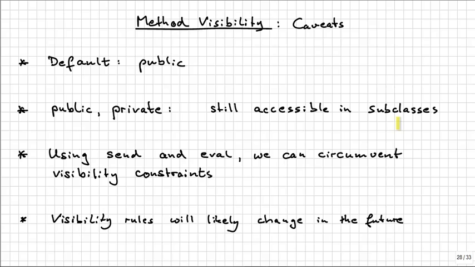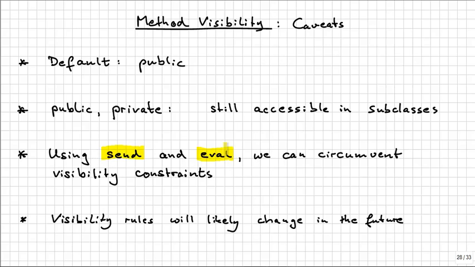If you're using methods such as send and eval in Ruby, you can circumvent all visibility constraints. So even if you have declared methods as private or protected, you can circumvent these visibility constraints using send and eval.